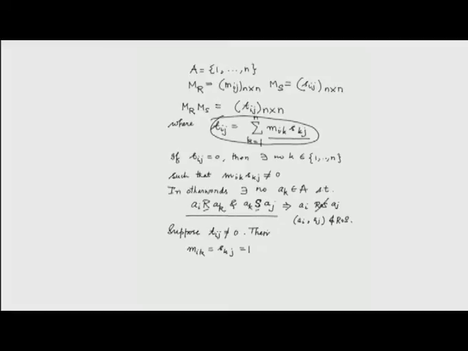So, let me write that. Then there exists k belonging to 1 up to n such that M_ik and S_kj both are 1s.